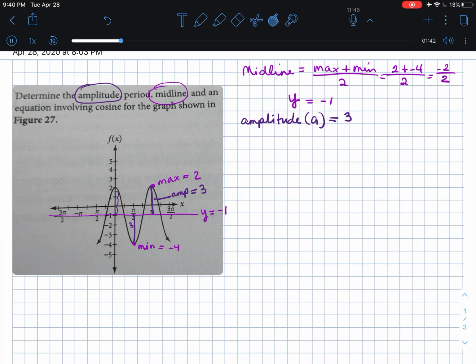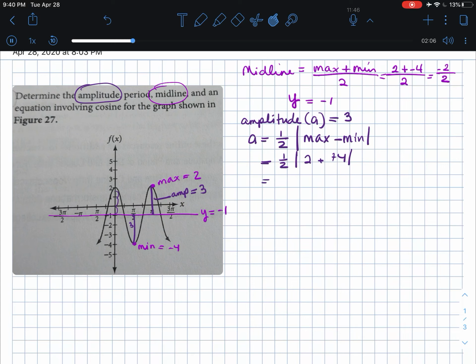Another way to find the amplitude is to get half of the absolute value of the maximum minus the minimum. So let's try that and see if we also get a 3. It will be half of the maximum, 2, minus the minimum, which is -4.